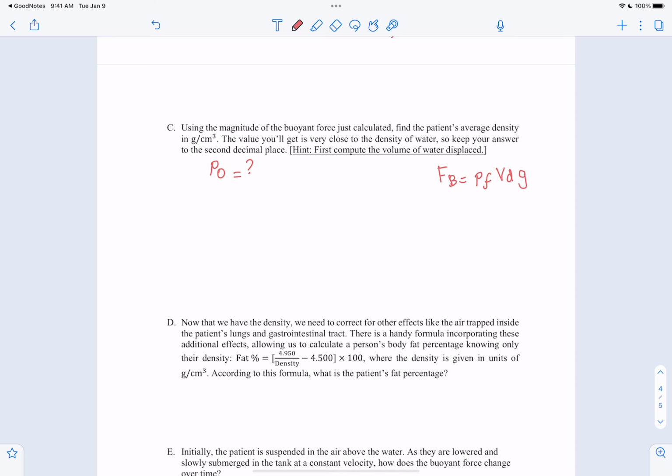Remember that equation? There's a very similar equation, similar setup to this, but it includes the density of the object.